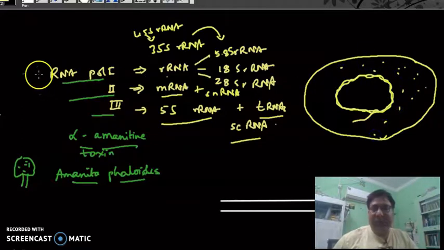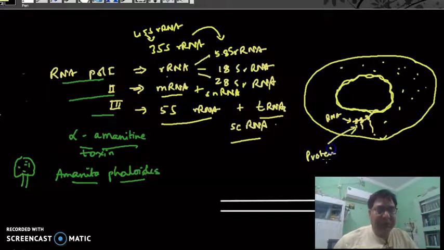So they will automatically come and sit here as soon as the RNA is being synthesized, and they will start synthesizing proteins also. So this was transcription, this is RNA, and this is protein. So protein synthesis and RNA synthesis both go side by side in prokaryotes.